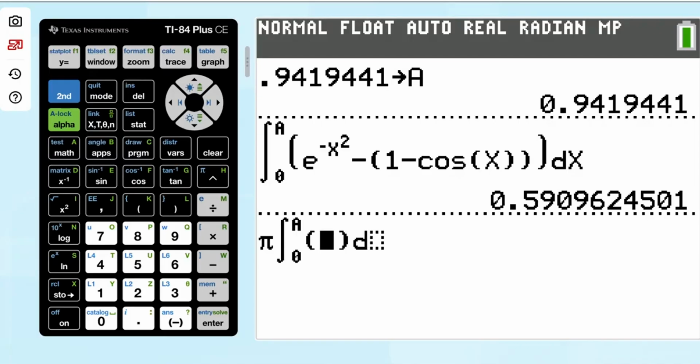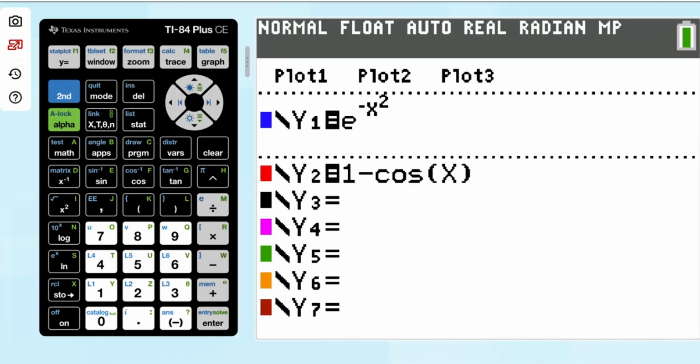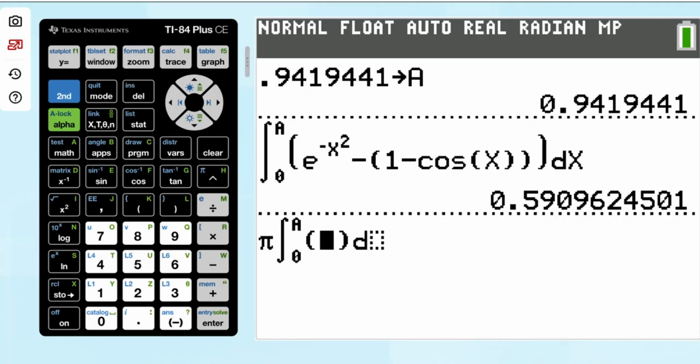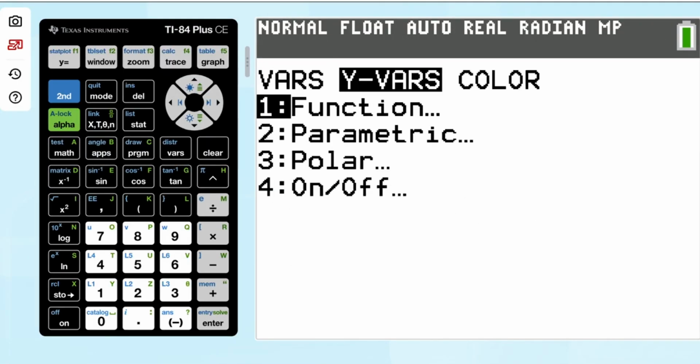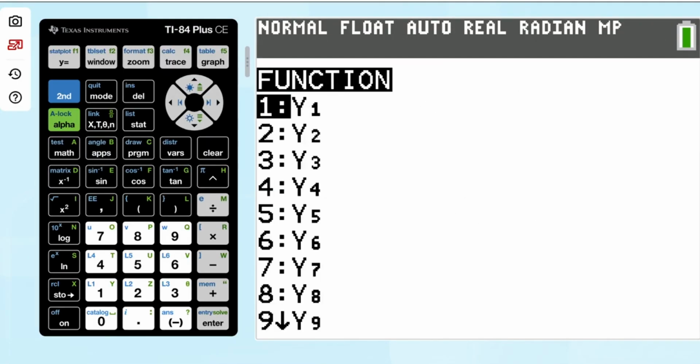And then just to make sure you don't make an error with the e to the negative x squared and the 1 minus cosine x squared, we can use this little trick that we already have e to the negative x squared graphed as our y1 and 1 minus cosine x as our y2. So you can hit the VARS button for variables just next to clear. Go over to the second column, option 1, and it'll just give you a drop-down menu of all your functions.